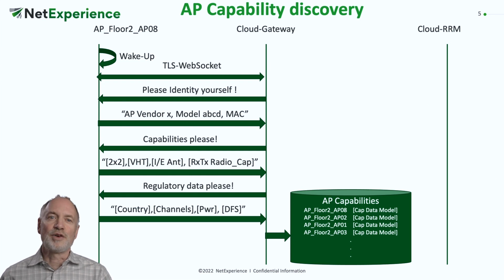Finally, the regulatory data will be exchanged, which is basically the set of allowed channels, power levels, and DFS compliance information for every country this AP will operate in. Once the cloud gets all this information, the gateway itself will store the per-AP capability in permanent store in the cloud for the different applications to use for their own purpose.